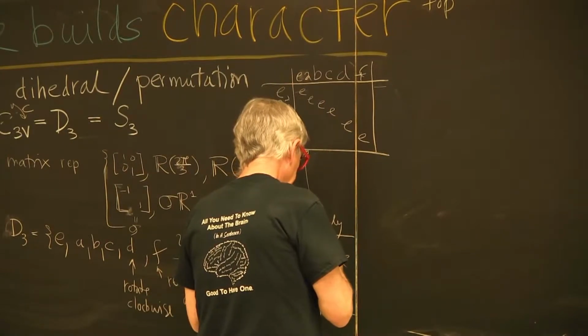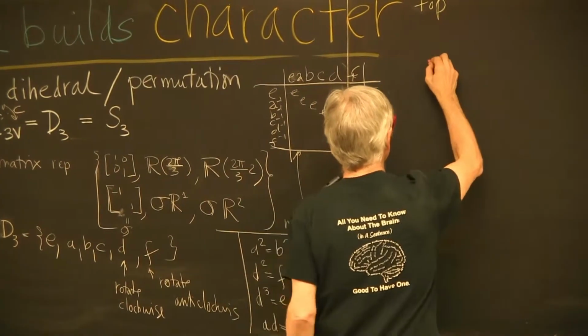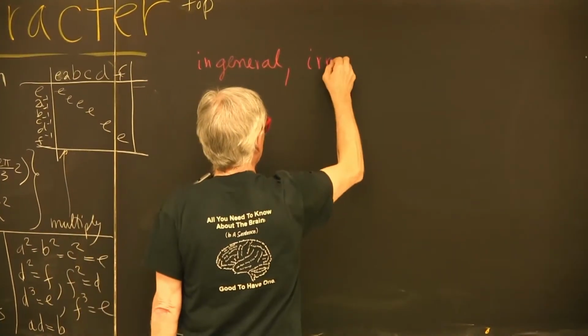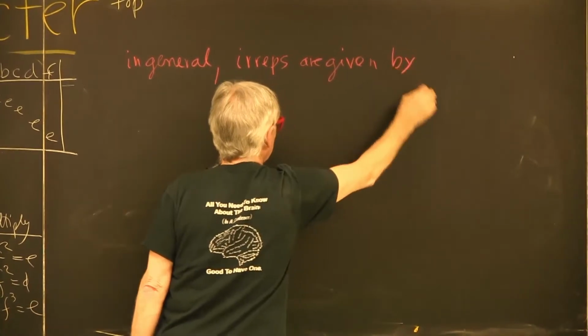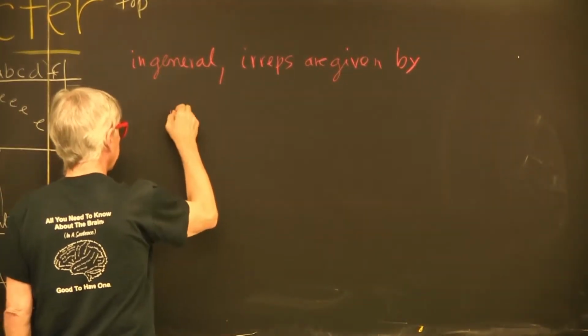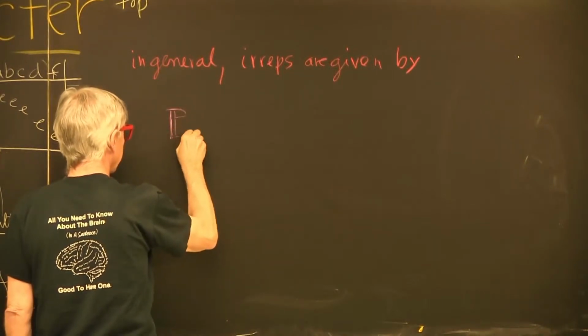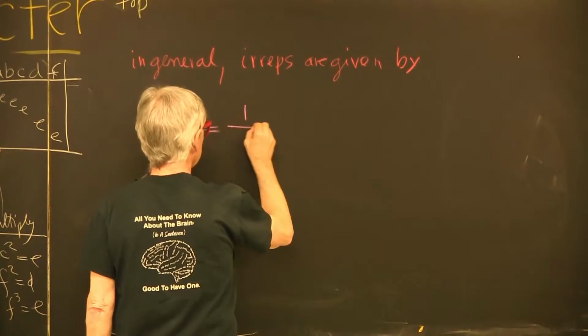So what the theory does, it says, in general, irreps are given by projection operators, if we are looking at a function and decomposing it, that have the same structure which I've written already.